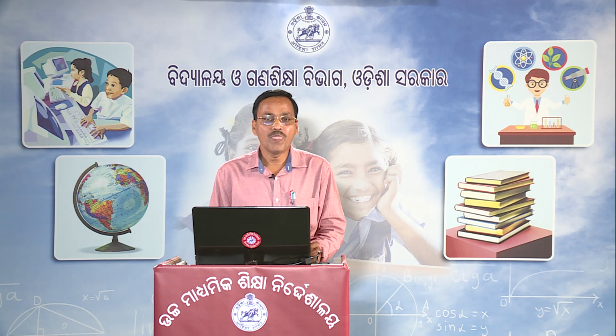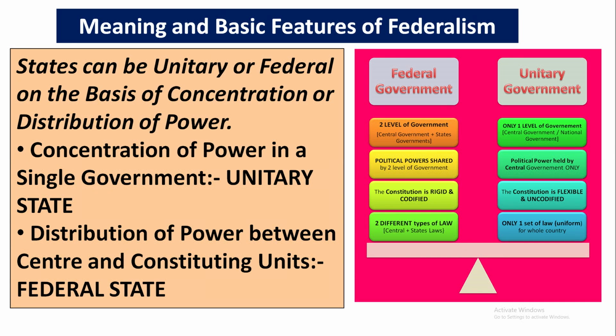In a unitary form of government, there is a single central government, and it controls the whole territory of the concerned state. Though there are certain regional and local governments, they derive their power from the central government and depend upon its mercy.